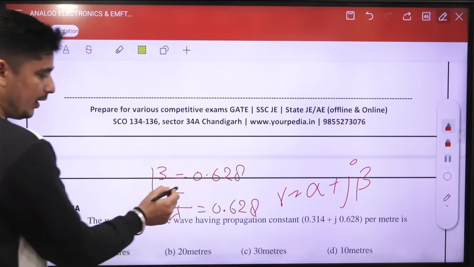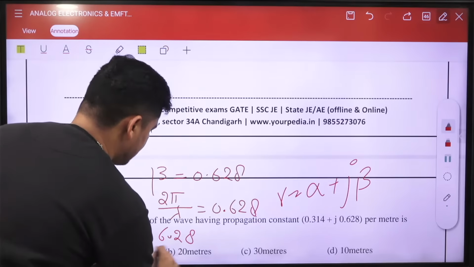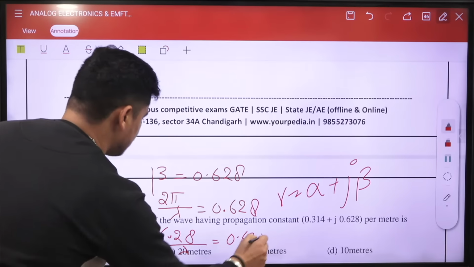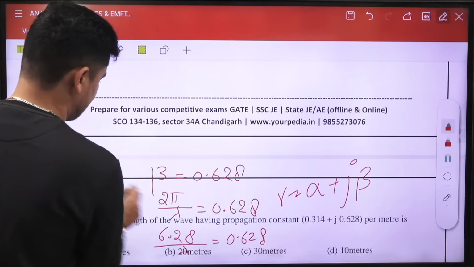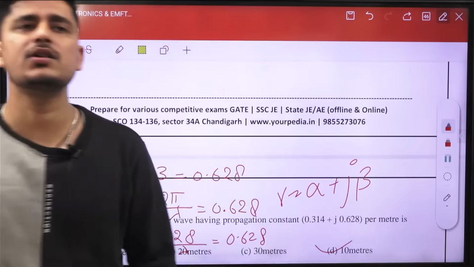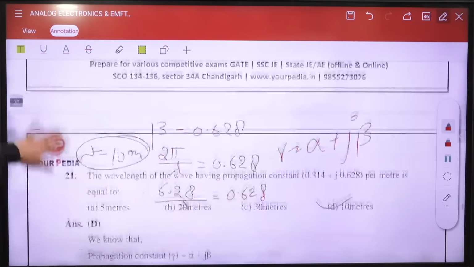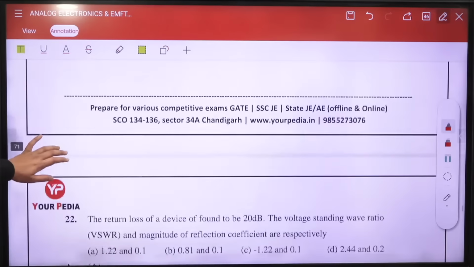The 2 pi value is 6.28, and beta is 0.628. So lambda is going to be 10 meter, directly 10 meter. He will not give you difficult calculations. Remember, if he brings some numerical, the calculation is very easy. If you know the concept, it will not take more than 1 minute, it just takes 30 seconds.